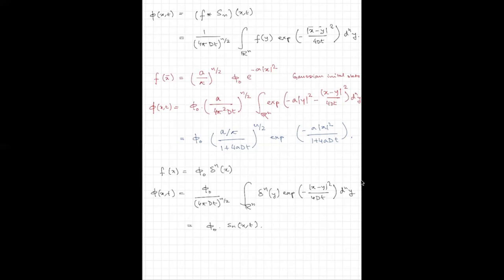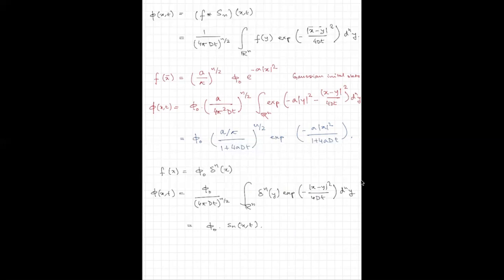Unlike, for example, wave propagation, the disturbances here are going to propagate arbitrarily rapidly, and the presence of a heat spike at the origin at t equal to 0 affects the solution at arbitrarily great distances.